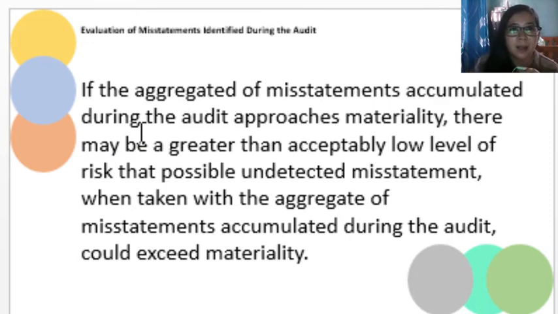So meaning, there is a greater possibility that there is a high level of risk of material misstatement that may exist. Okay, so that's why he should, in this case, revise his audit strategy and audit plan.